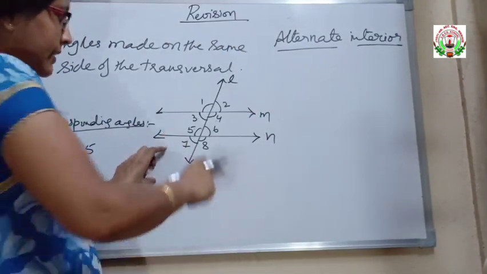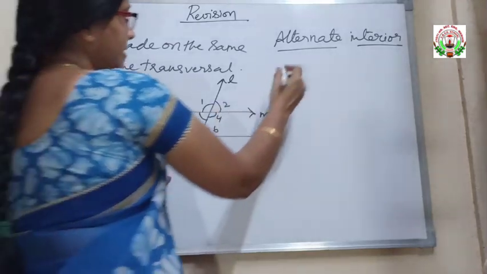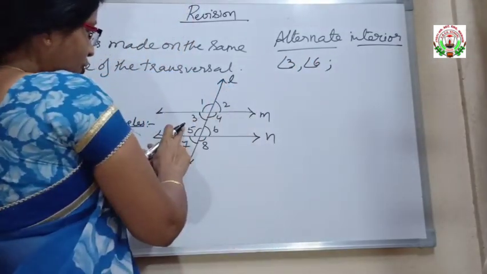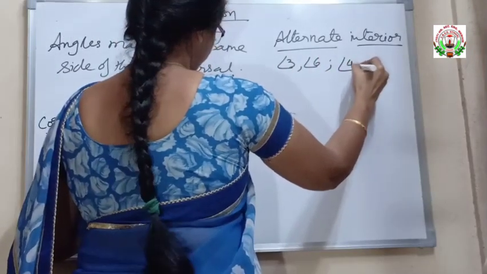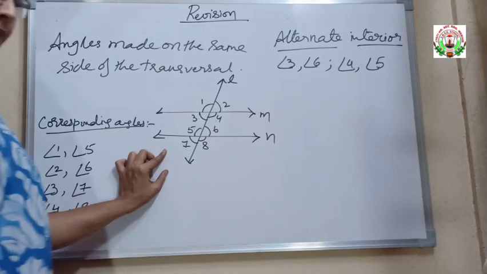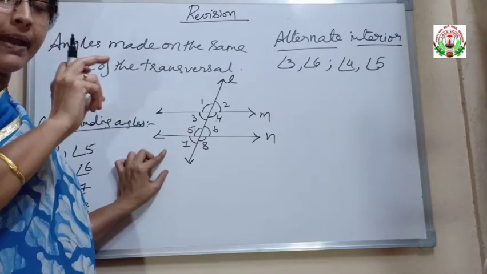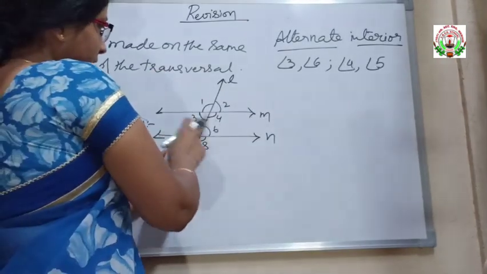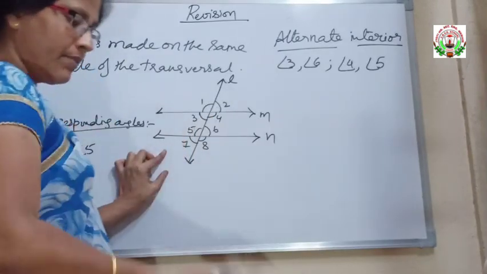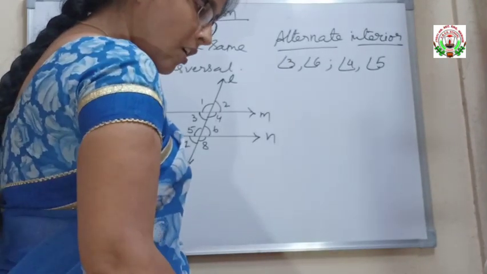Alternate interior angles are angle 3, angle 6, next angle 4 and angle 5. These are alternate interior angles, that is inside the parallel lines and alternate. Next one is alternate exterior angles.